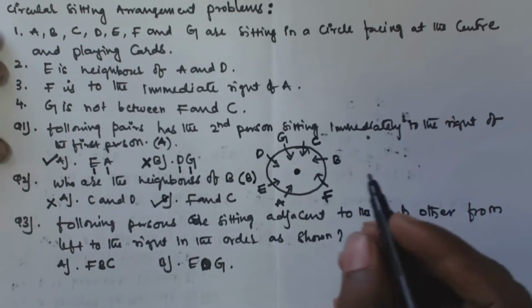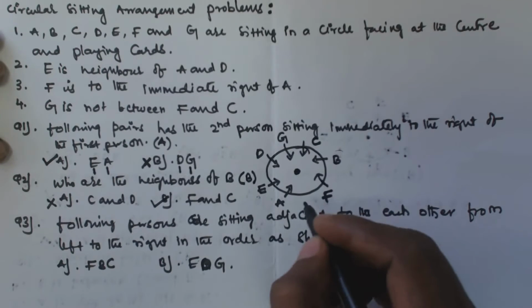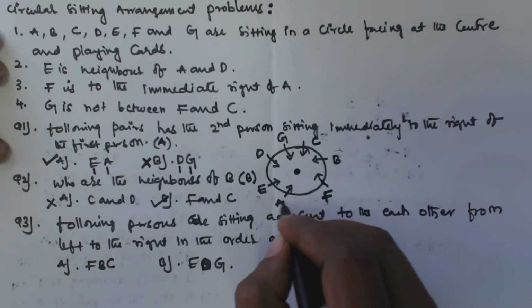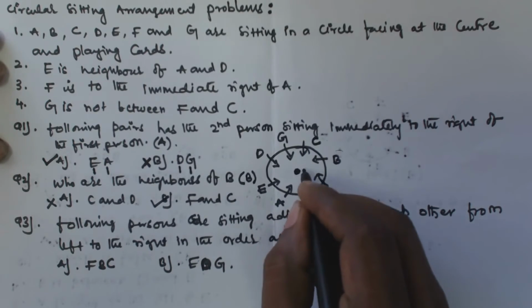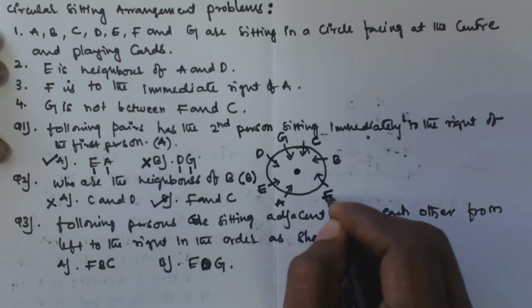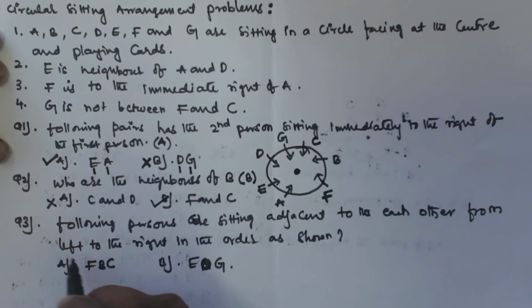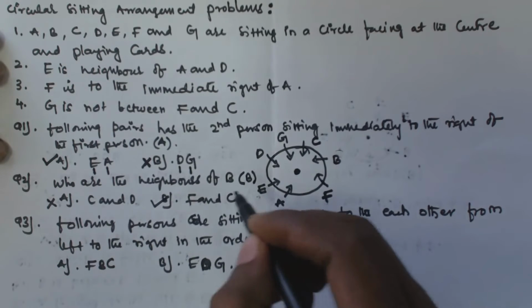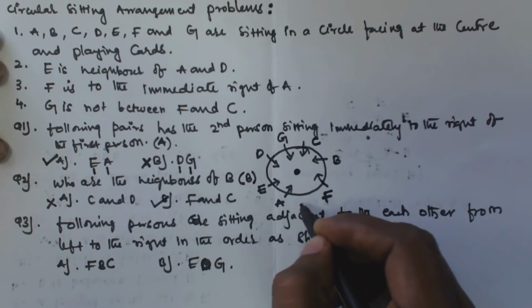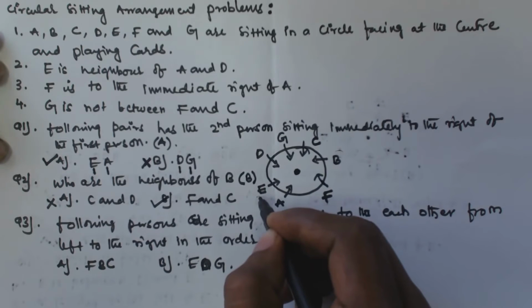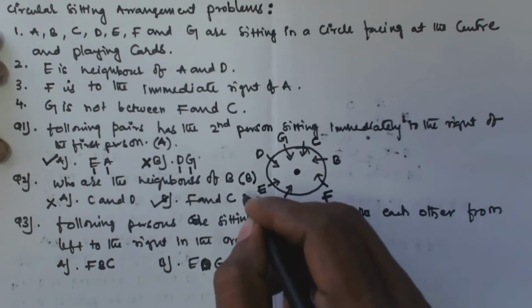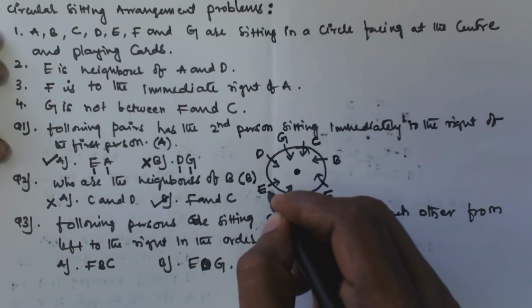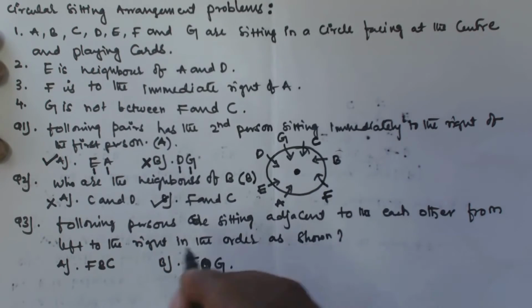Following persons are sitting adjacent to each other from left to right. Now it is based on our perspective, right? If we are sitting here, this is the left and this is the right. So in this direction they are facing. Now we have to find from left to right, so the persons sitting in this order.